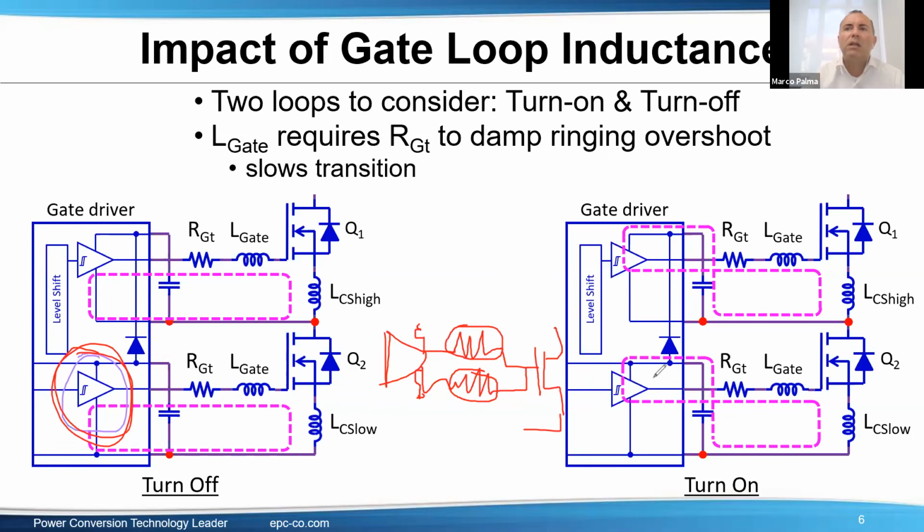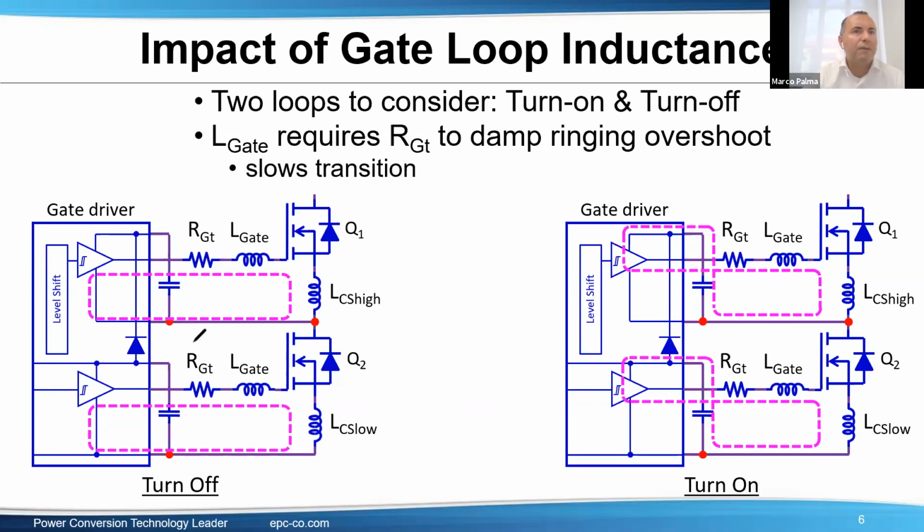So within the GaN FET, usually you use the lowest resistance when you have to switch off. When you have to switch off, this gate resistance is smaller because you have two resistors, one for switching on and one for switching off, and this is a kind of Miller clamp.